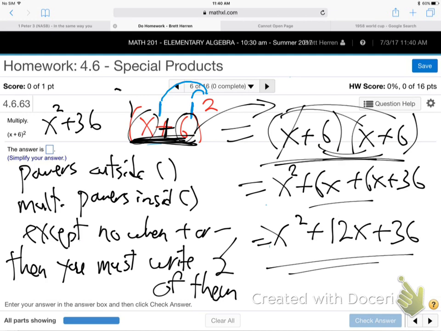So I just want to make sure you got that down. When the 2 is on the parentheses, you've got to write 2 of them like that. Well, it's because of the plus sign. I should say it that way. That's the real truth. With the plus or the minus in the middle, you can't just do the quick shortcut. And that's going to be the case, guys and gals, throughout the rest. Next week, things are going to get ugly in here. I hope they've been nice for you so far, but they're going to get a little ugly. The material on exam 4, next Wednesday, Thursday, when we're getting ready for exam 4, that's going to be bad.